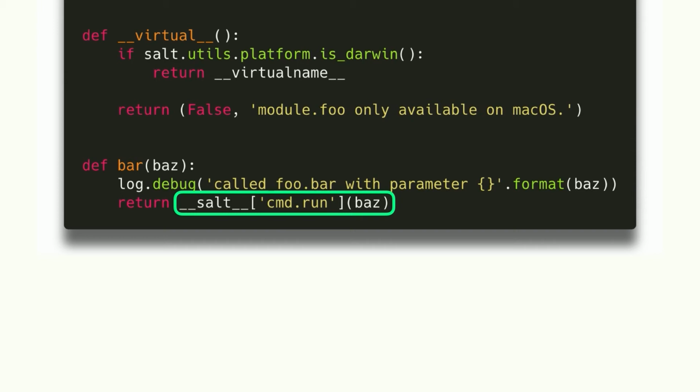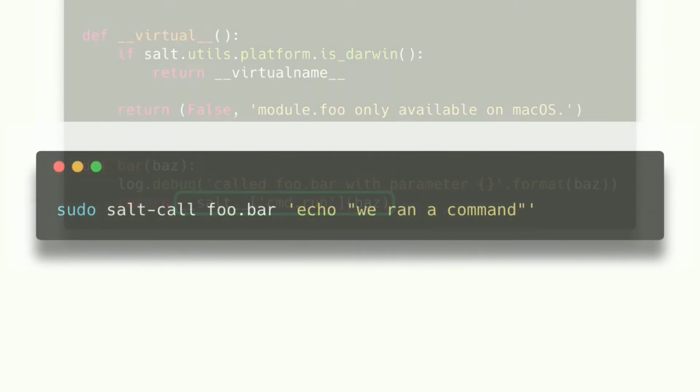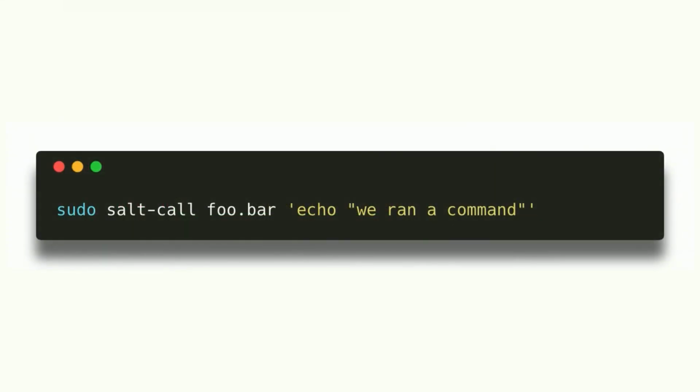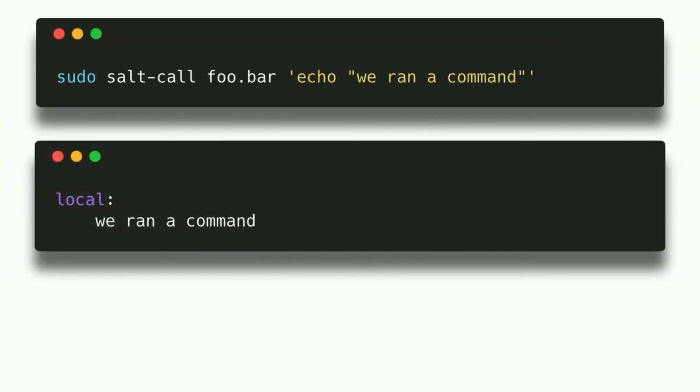I mean, this is a little bit redundant because you could probably just call the command.run, but as a super simple overview, we could go ahead and just run that locally. So you could do salt-call foo.bar with the parameter echo, we ran a command, and your output would be, we ran a command. Super easy, if you know a little bit of Python.